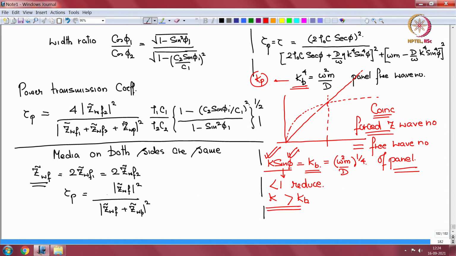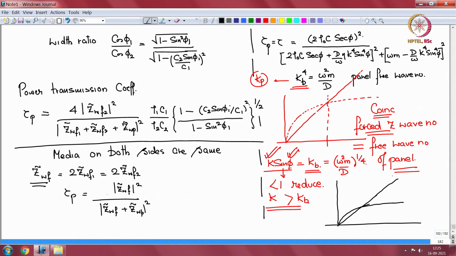Okay. So if I am at a high frequency, suppose I am at a very high frequency, let me redraw this here. Let me redraw in this way. This is my wave number acoustic. So let's say this is my panel wave number. So this goes here. Okay. So I'm at a very high frequency.